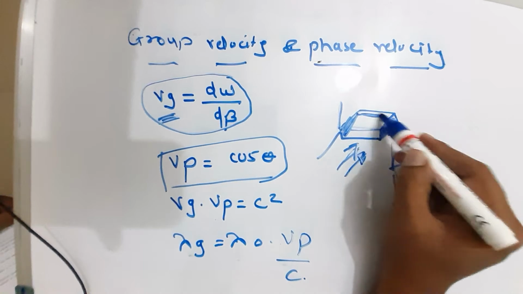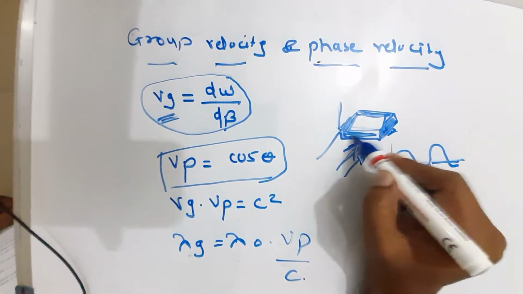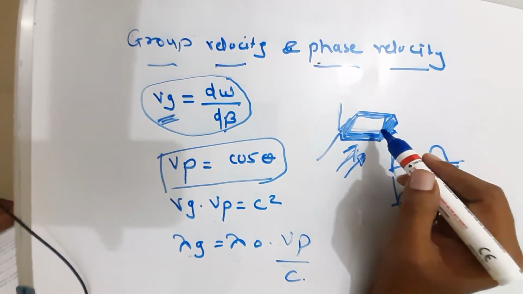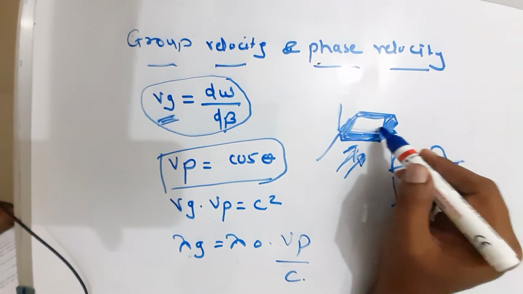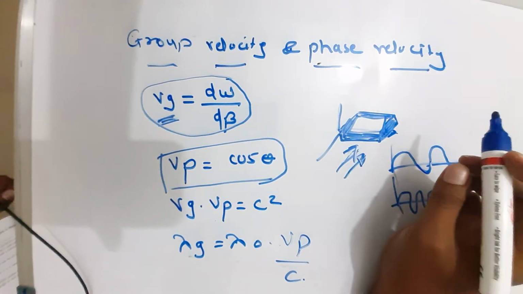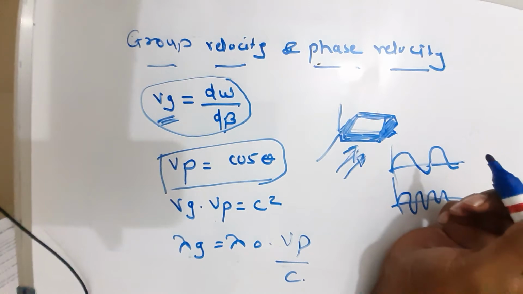These are the walls of the waveguide. The phase changes parallel to the conducting wall surface of the waveguide.